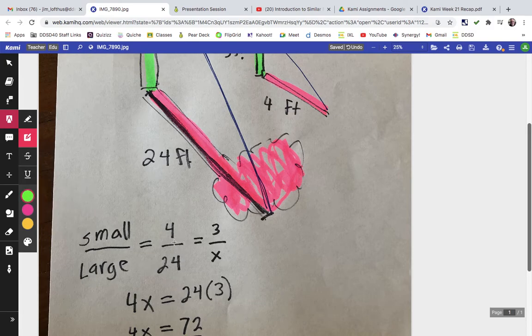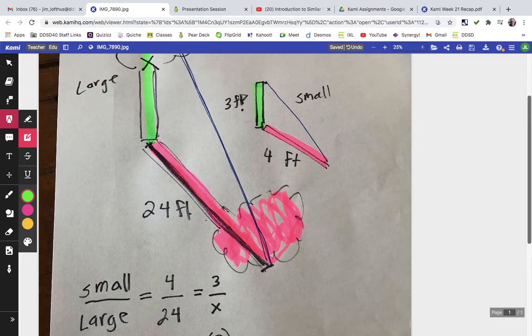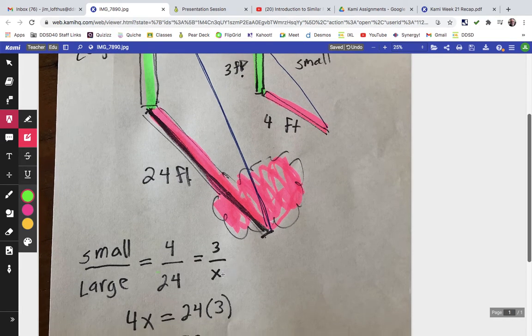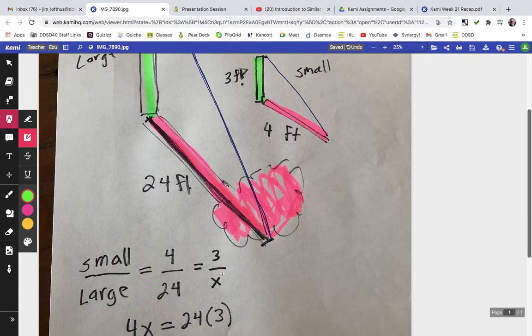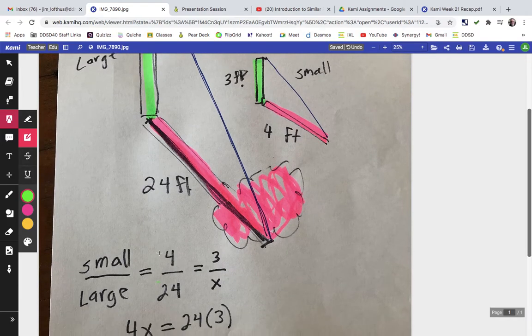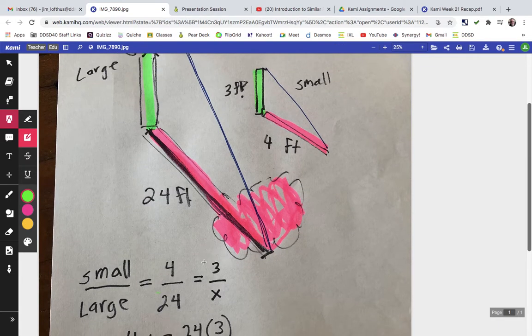The height of the tree is, and the height of the yardstick is what is green.